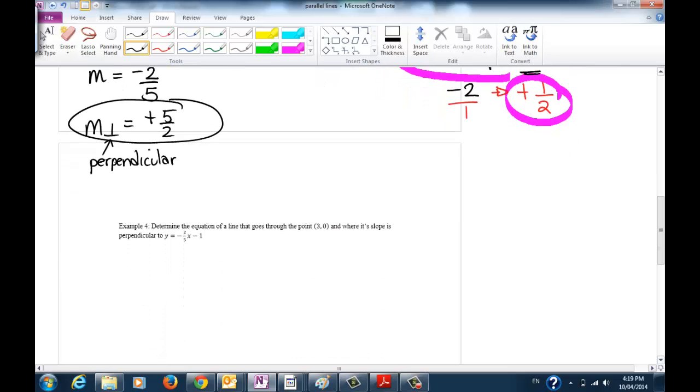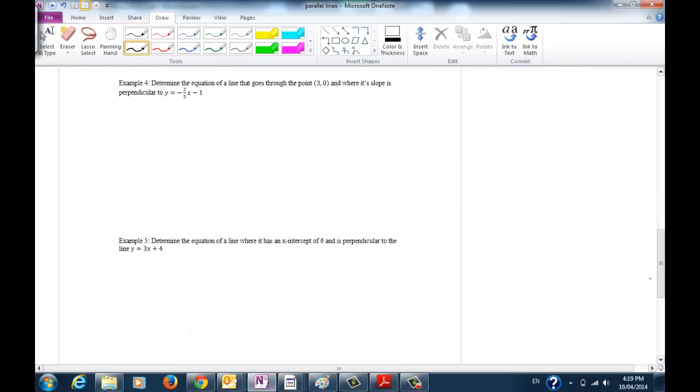Now, of course, they're going to get harder. So the next example, we're going to determine the equation of the line that goes through the point (3, 0), and where its slope is perpendicular to y equals -2/5x minus 1. So we're trying to determine the equation of a line. Just as we've done before, I'm going to start with slope, because I can figure out slope.